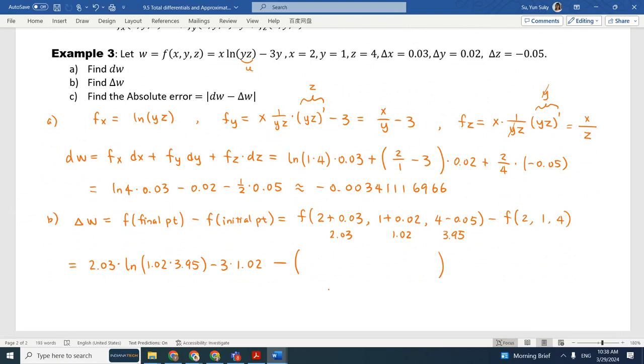X is 2, and ln y is 1, z is 4, minus 3 times 1. Right? Everybody? In the function. And x is 2, y is 1, z is 4. And what do you get?